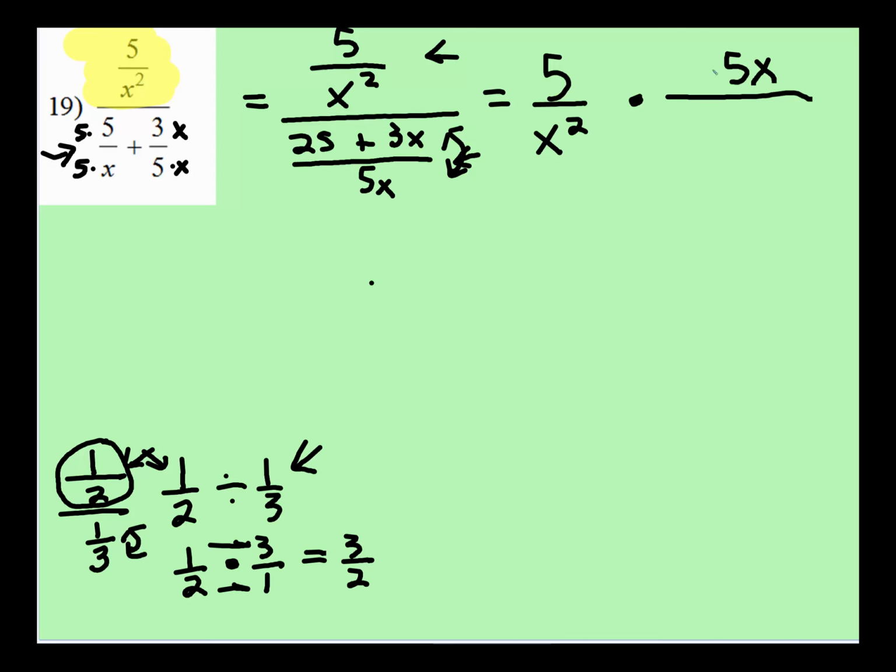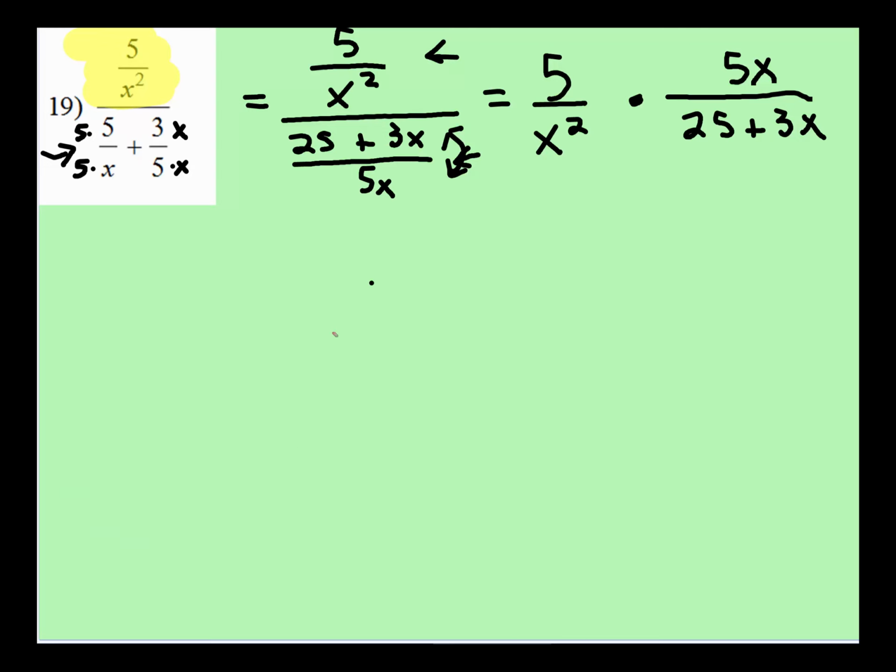So 5x is in the numerator. 25 plus 3x is in the denominator. All right, so I'm going to erase this stuff, and I'm going to write this down here, so 5 over x squared.